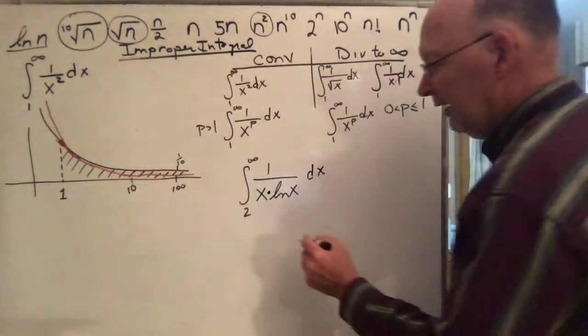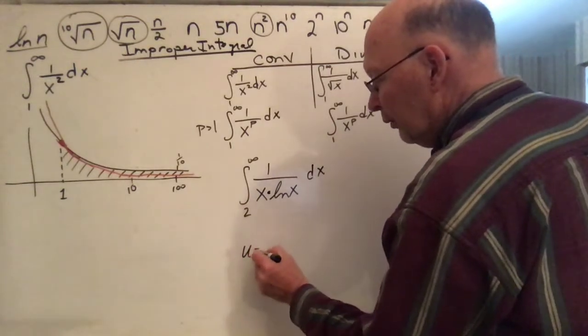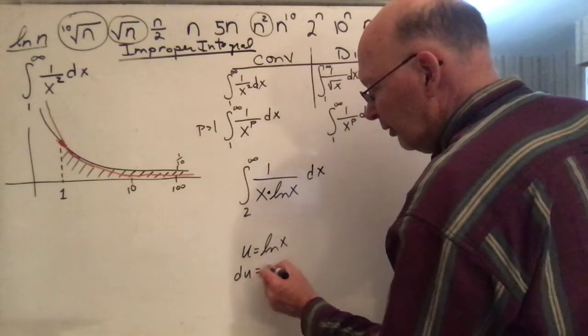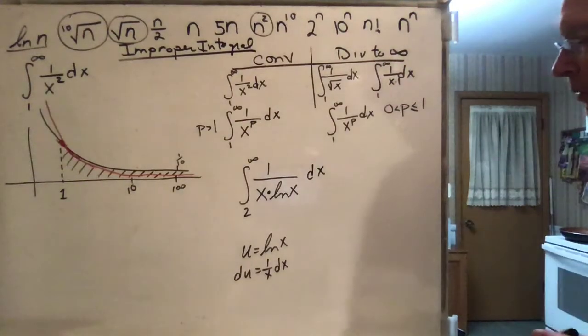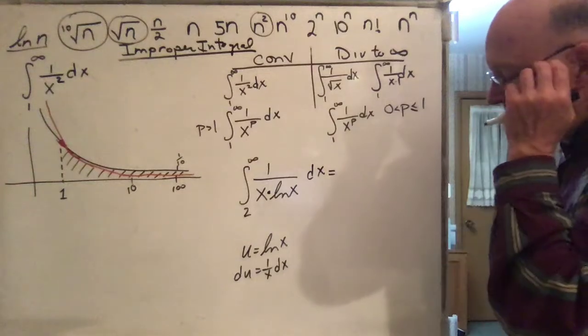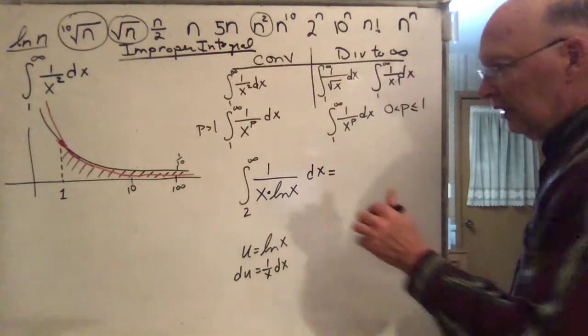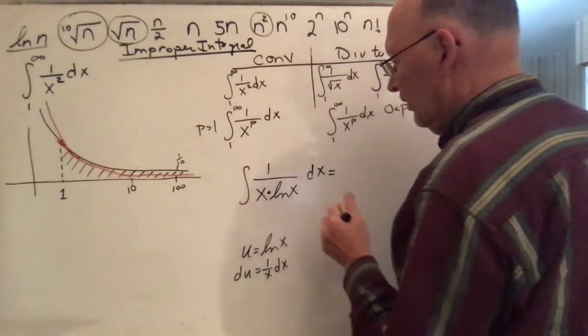Well, let's check it out. We can let u be equal to the ln of x, and du is going to be 1 over x dx. And so now this becomes, tell you what, let's first, what's the easiest way to do it?